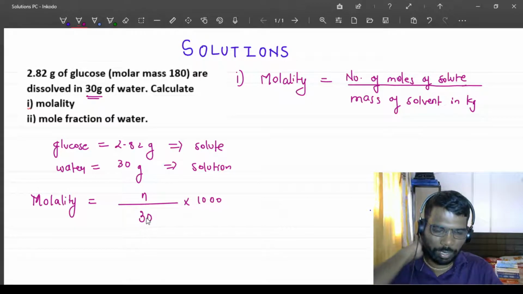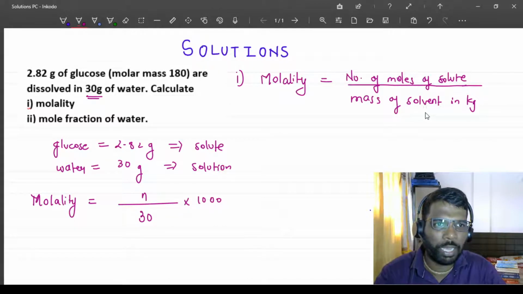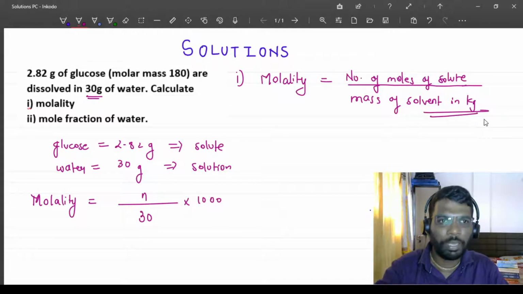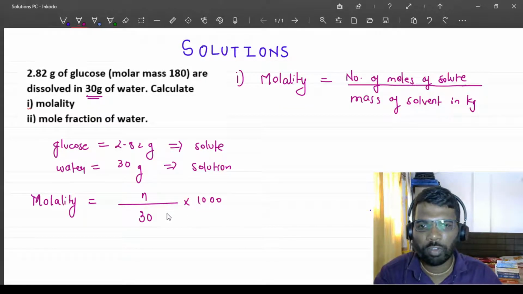Because the formula says the mass of solvent is in kg. But if you directly convert 30 gram to 0.03 kg, then there is no need of writing this 1000.